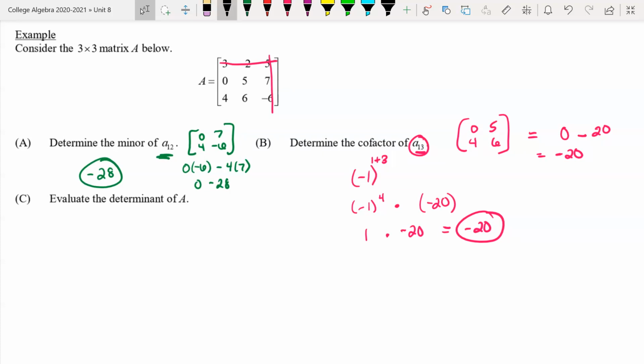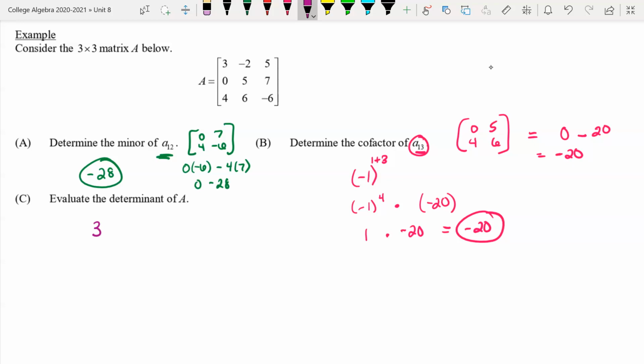So now if I want to find the determinant of the whole 3x3, here is what you're going to do. You're going to take the number that is in the first spot, so we're going to work across the top, and we're going to multiply it by the minors of that row, column, whatever it is.